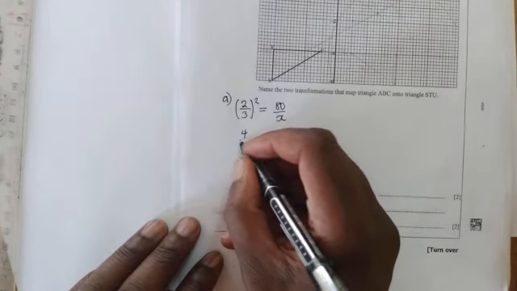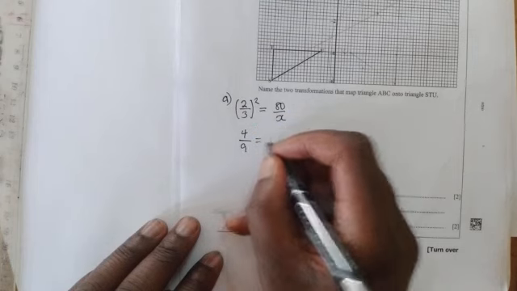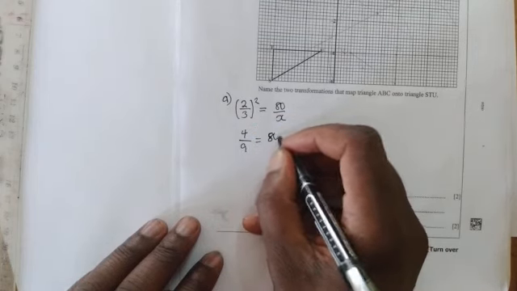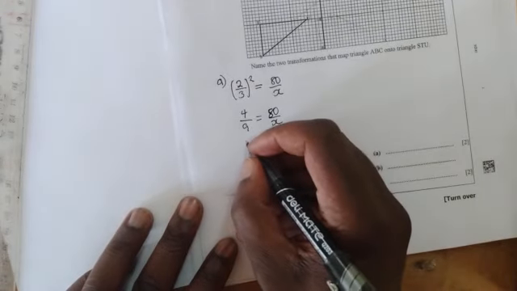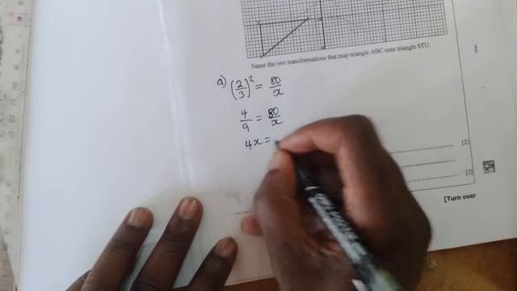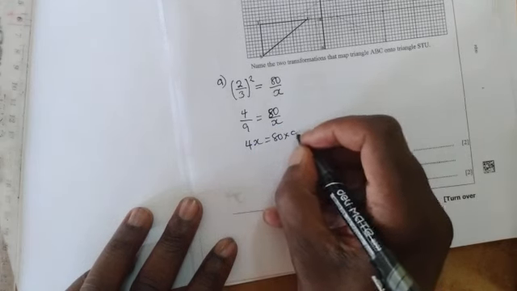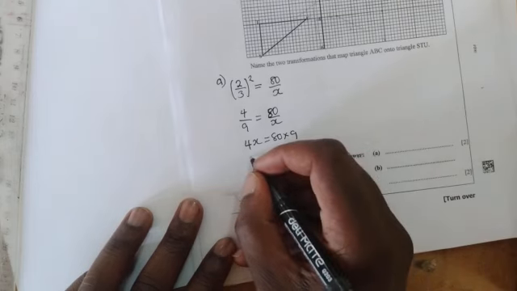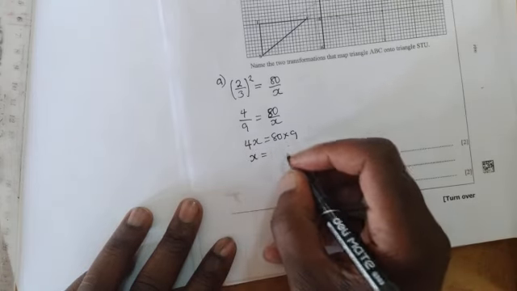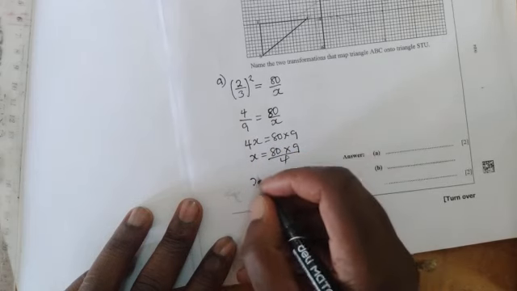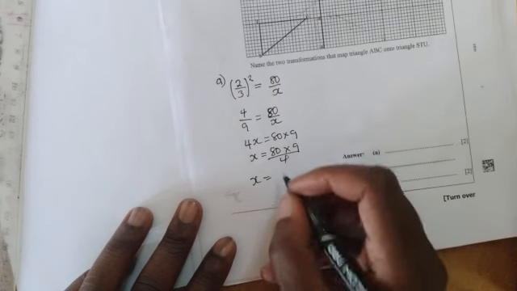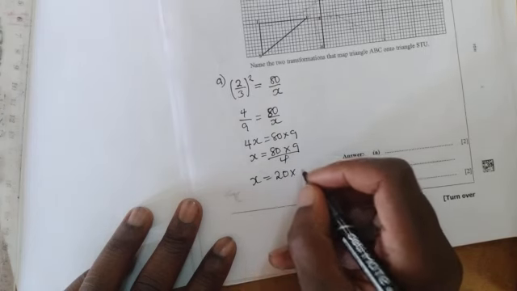We get 4 over 9 is equals to 80 over x. So at this point, we need to cross multiply. So we're going to have 4x is equals to 80 multiplied by 9. So we divide both sides by 4. This is going to be 80 multiplied by 9 over 4. Then you go on. 4 into 80, it's 20. 20 multiplied by 9.